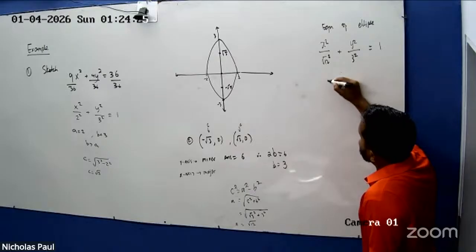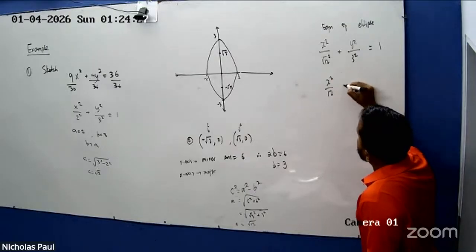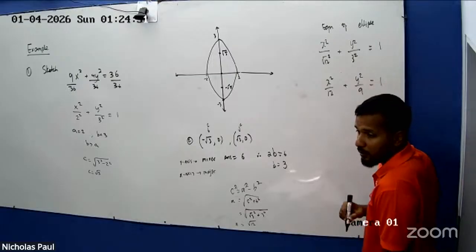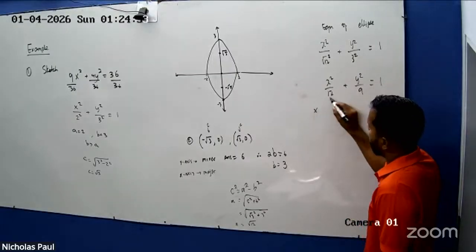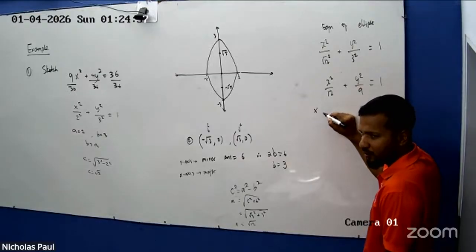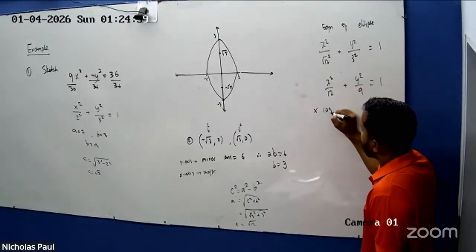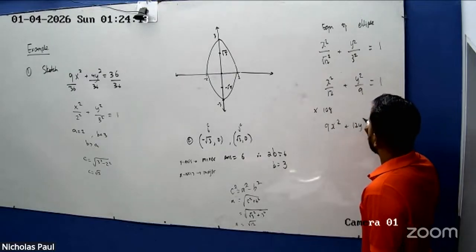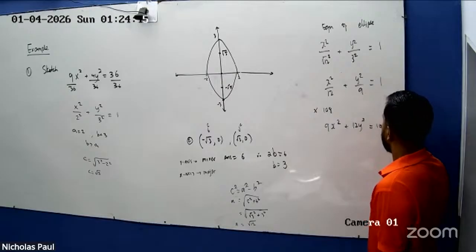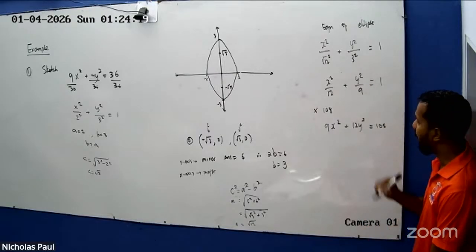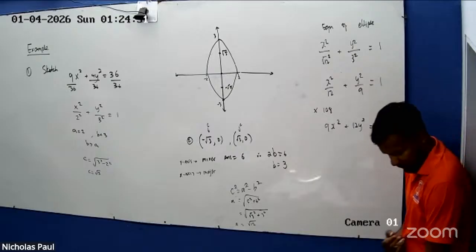If you want it to look nicer, you could write it like this. Then we can multiply everything by 12 times 9, which is 108. That'll be the equation of your ellipse.